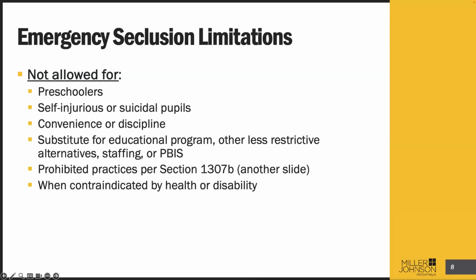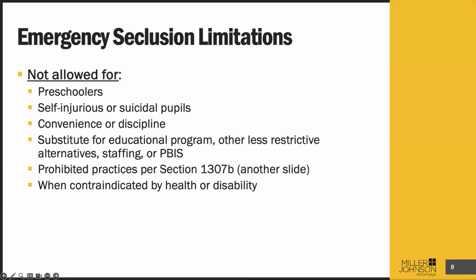Very importantly, even if we think we have a situation that arises to the level of an emergency that would warrant seclusion, we are not allowed to emergency seclude in the case of preschoolers, students who we believe to be self-injurious or suicidal. We certainly can't do so for convenience or discipline purposes. We cannot do so as a substitute for an educational program or when there are other less restrictive alternatives available.